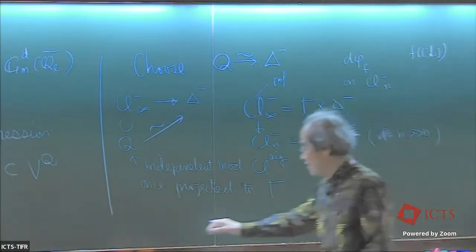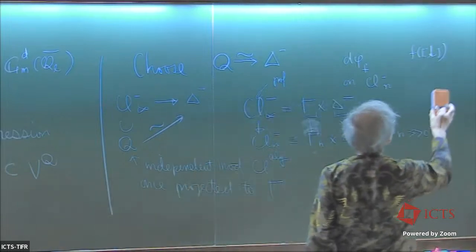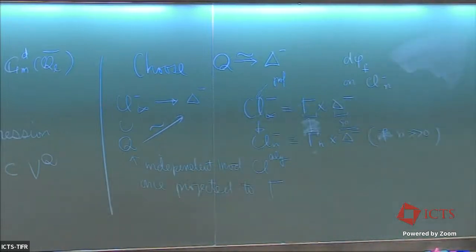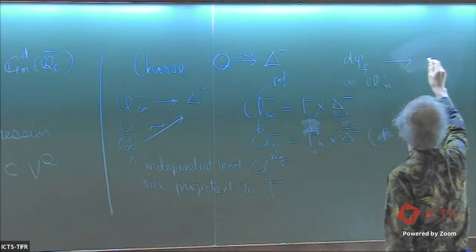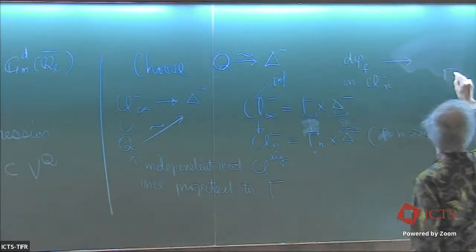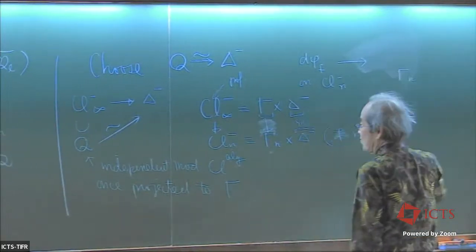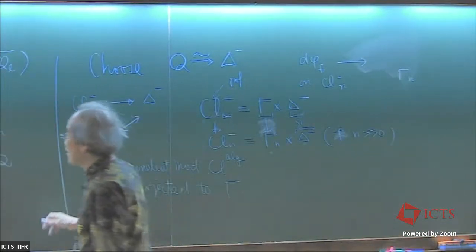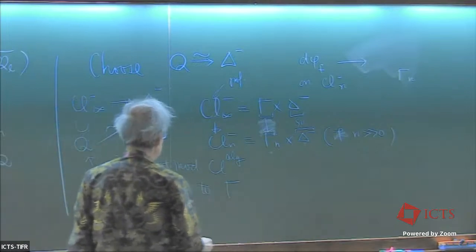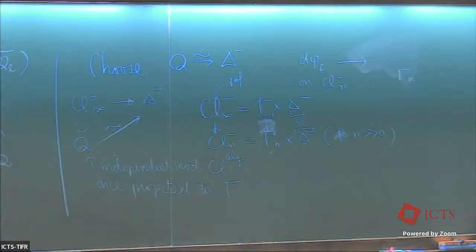Okay, and now I project this measure to gamma n, just sort of weighted average. You see, this psi is fixed.